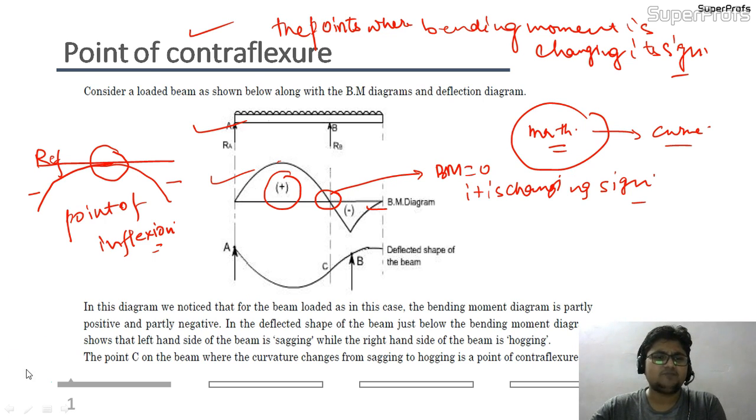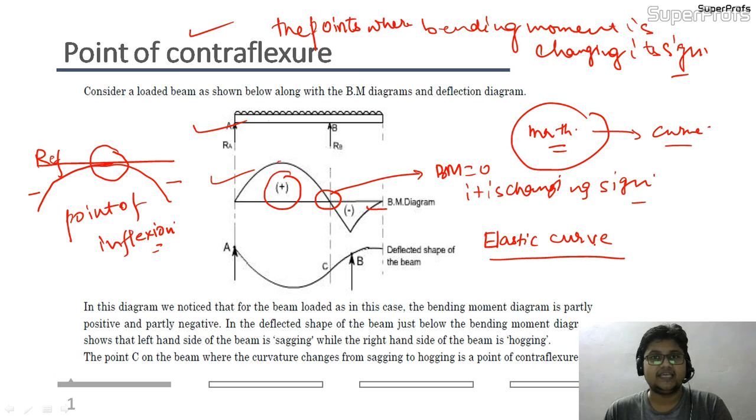So why is this point important? It is very important because whenever I draw the elastic curve, there is one more term that is generally used: elastic curve. So what is this elastic curve? The elastic curve is nothing but the line representation of the beam as it will be seen after being deflected.